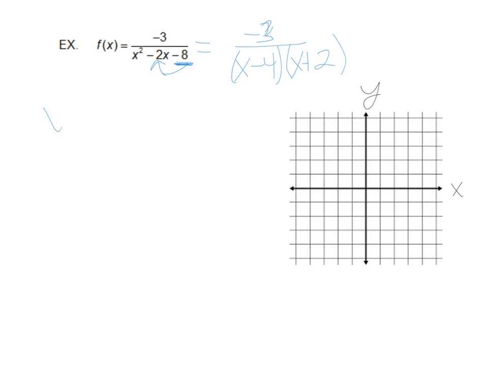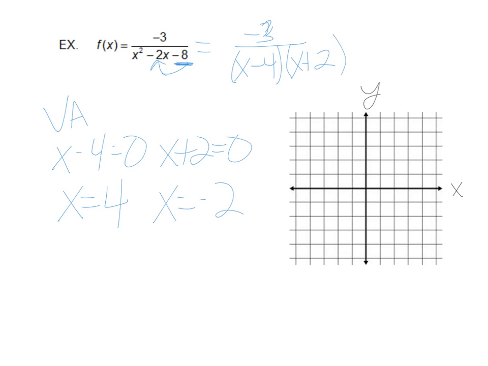Now, for the vertical asymptotes, we're going to set those both equal to 0. X minus 4 equals 0, x plus 2 equals 0, and solve. So our vertical asymptotes are at x equals 4 and at x equals negative 2. So dotted line at negative 2 and a dotted line at positive 4.